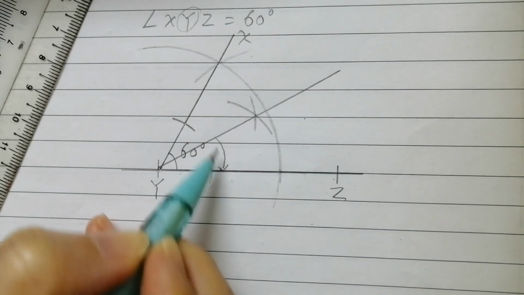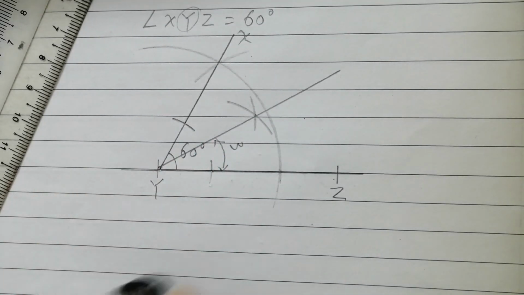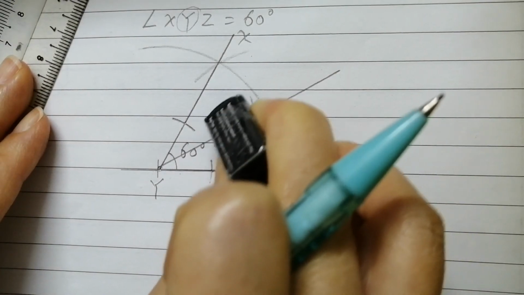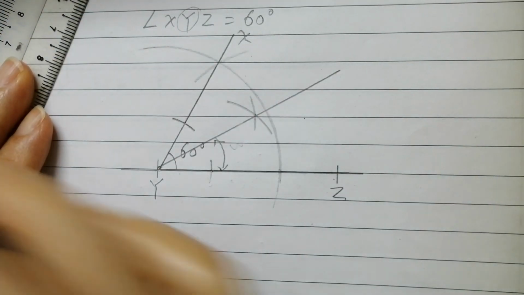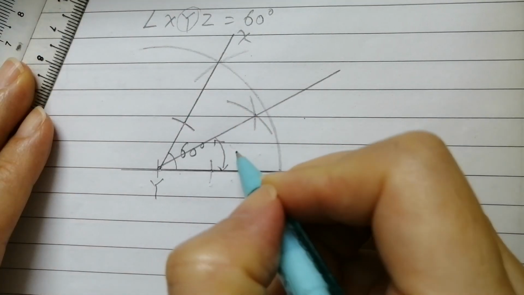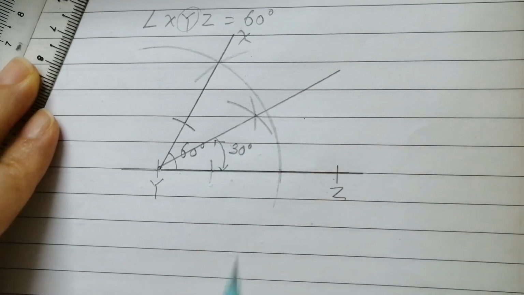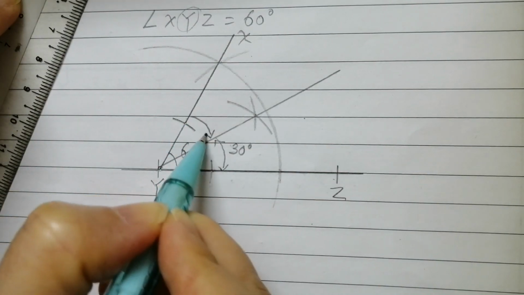This will become 30 degrees. So this is 30 degrees, and this is also 30 degrees.